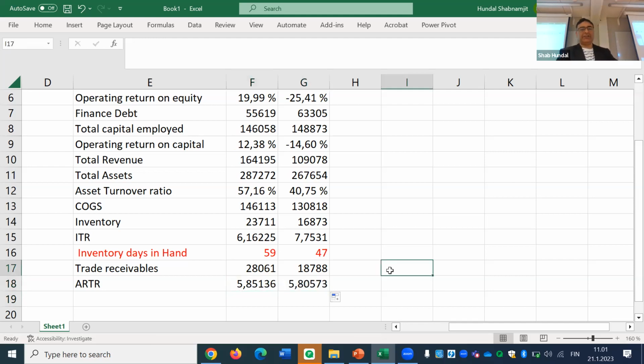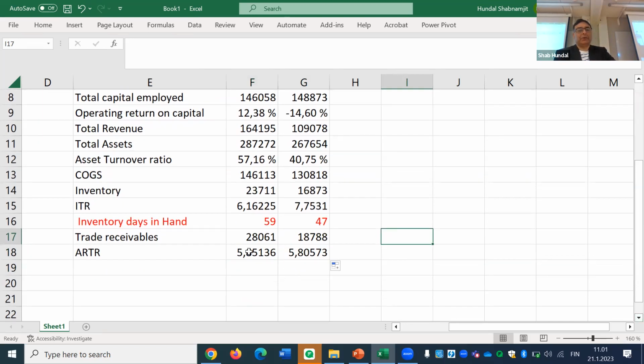Yeah, nothing much has changed. The customers of British Petroleum, to whom you sell products on credit, used to pay you 5.8 times in the previous year, and approximately 5.9 times now. So there's no real change, right?